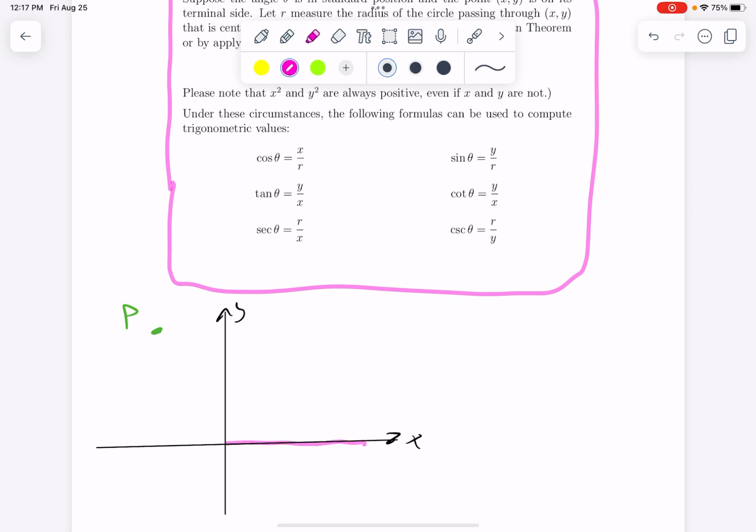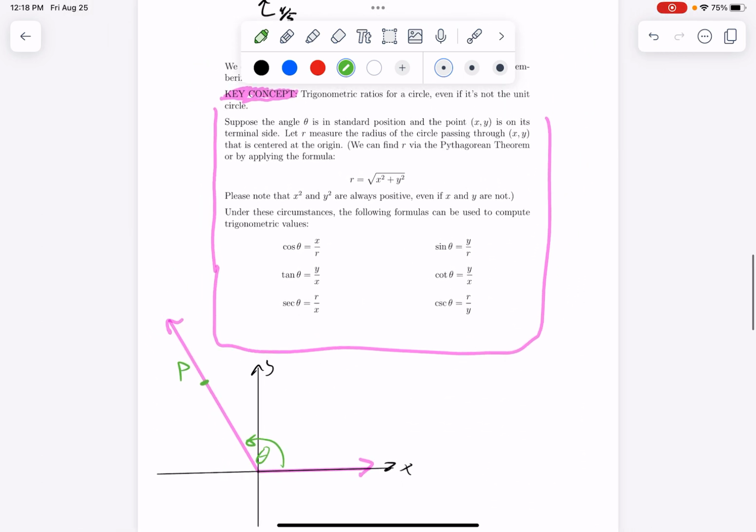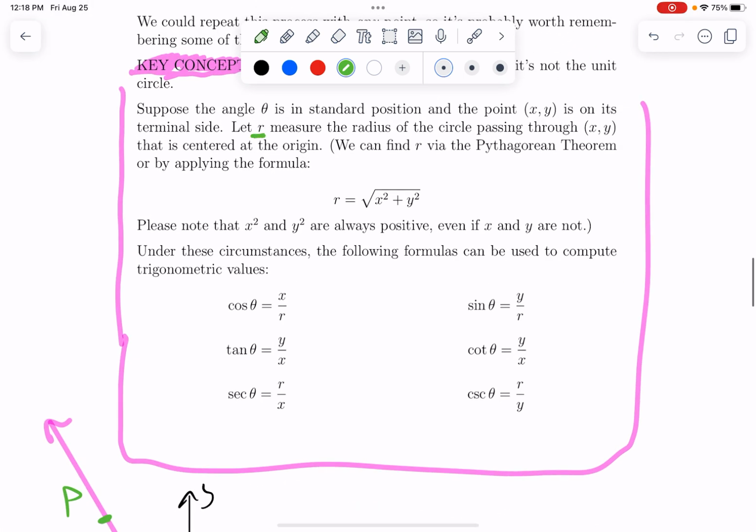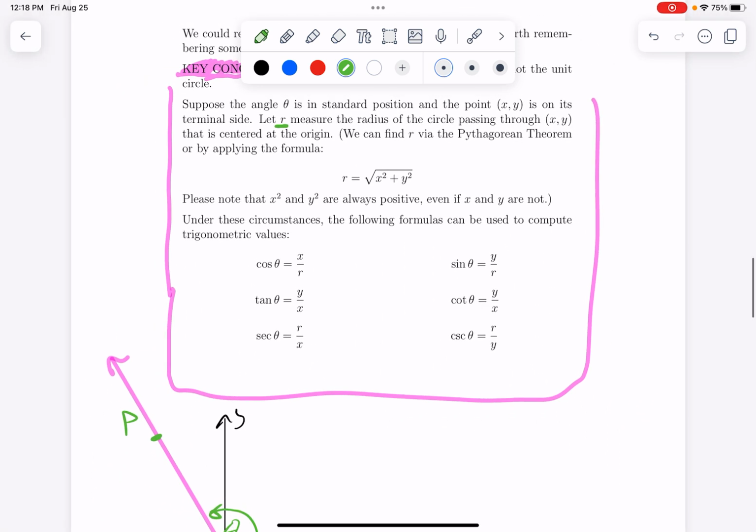Here is my angle in standard position. We'll call that angle theta. So there's our setup. We'll let R measure the radius of the circle passing through that point. Oh, I guess I'm just calling it xy rather than P. I'll just call this xy.